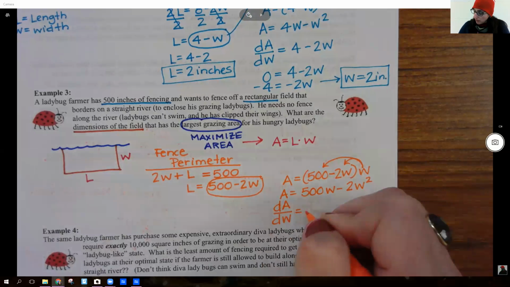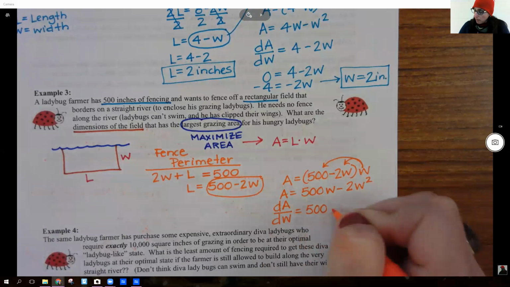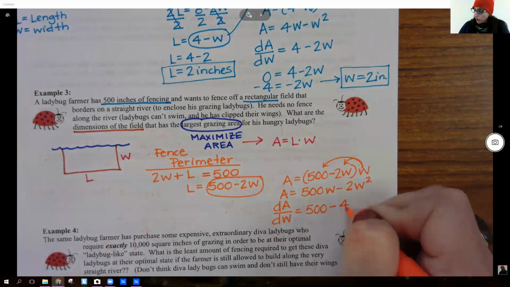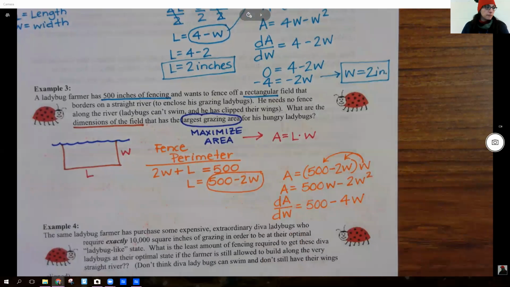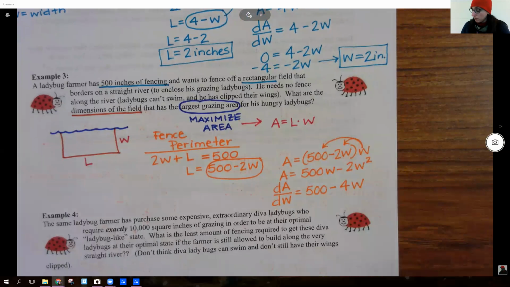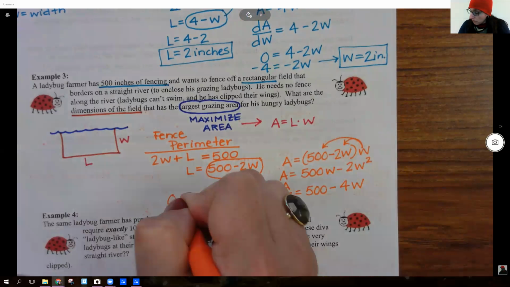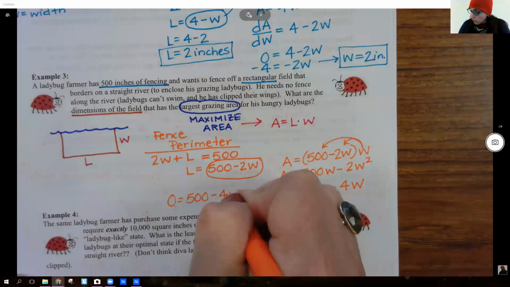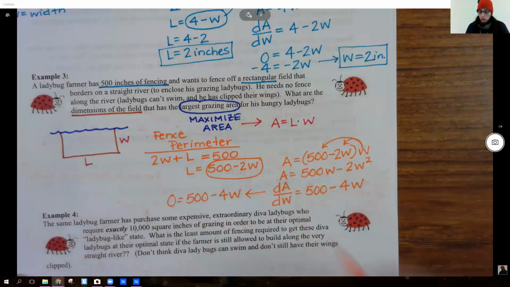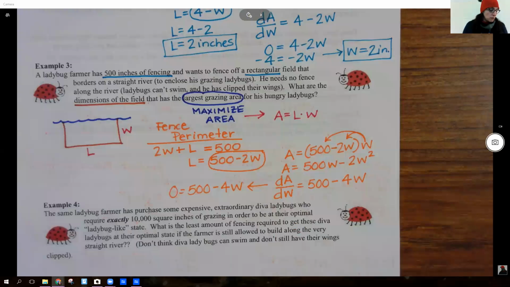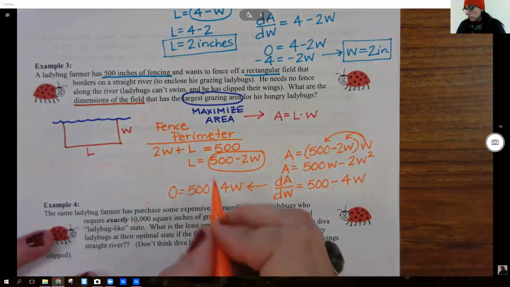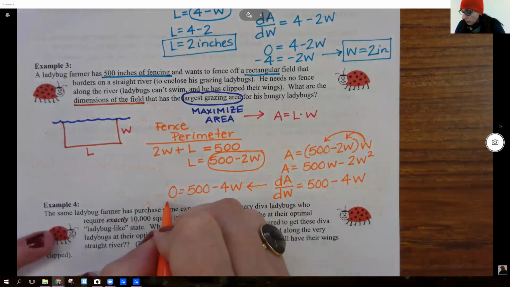And the derivative will be 500 minus 4W. Set that equal to 0. Let's see, 500 divided by 4. 125?